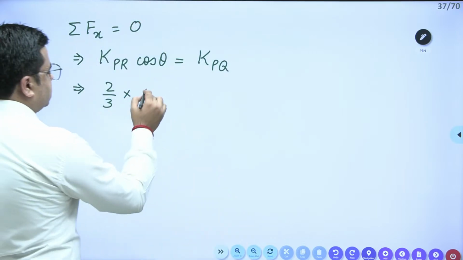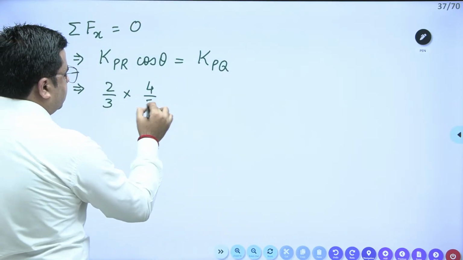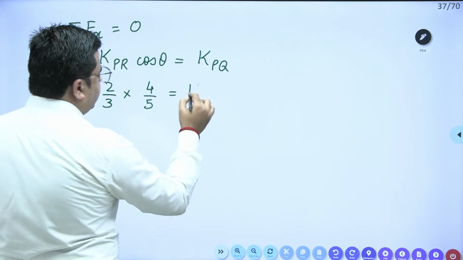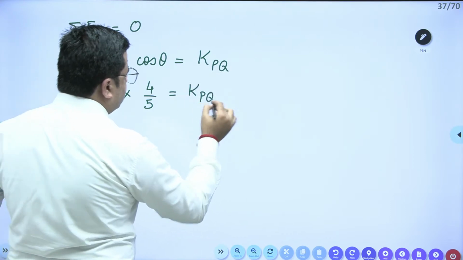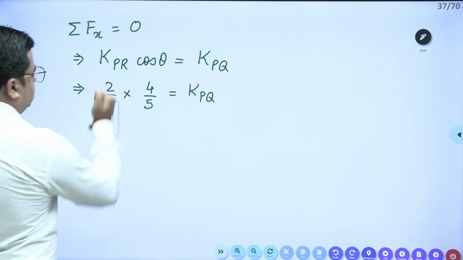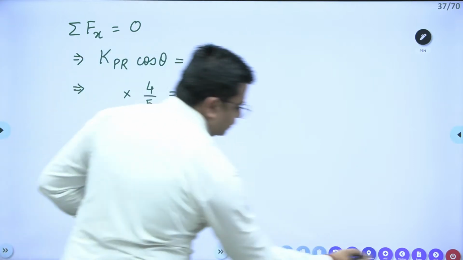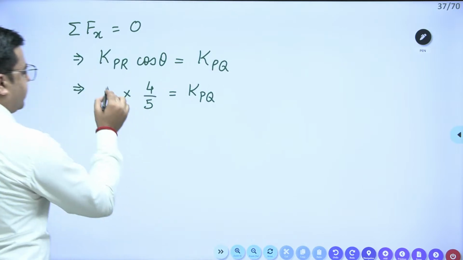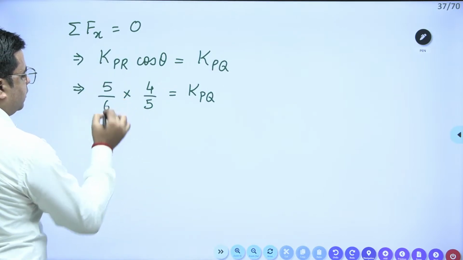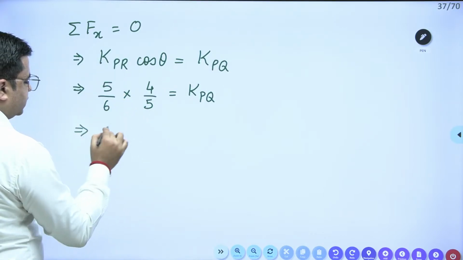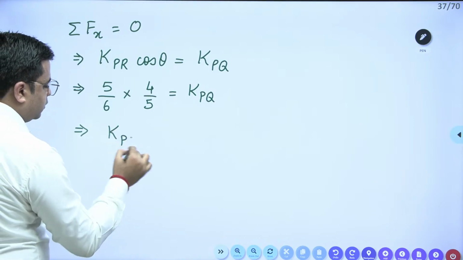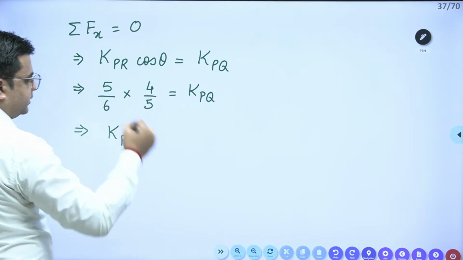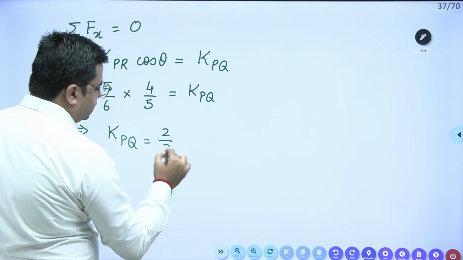So this 4 by 5 is equal to KPQ into 5 by 6. So this KPQ is, 5 and 5 cancel out, it is 2 by 3.